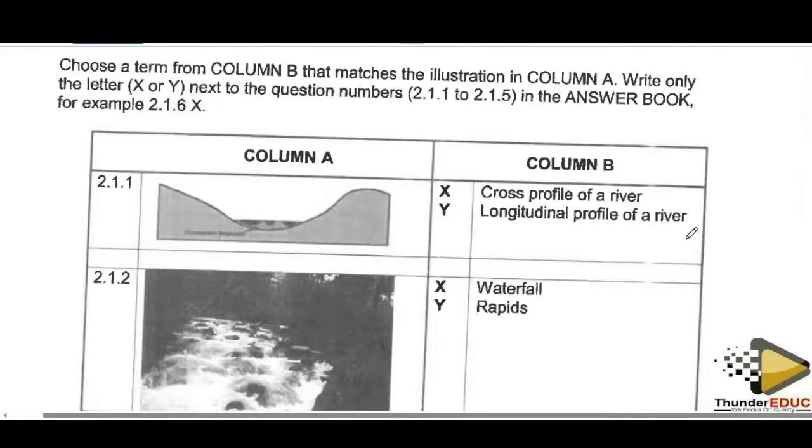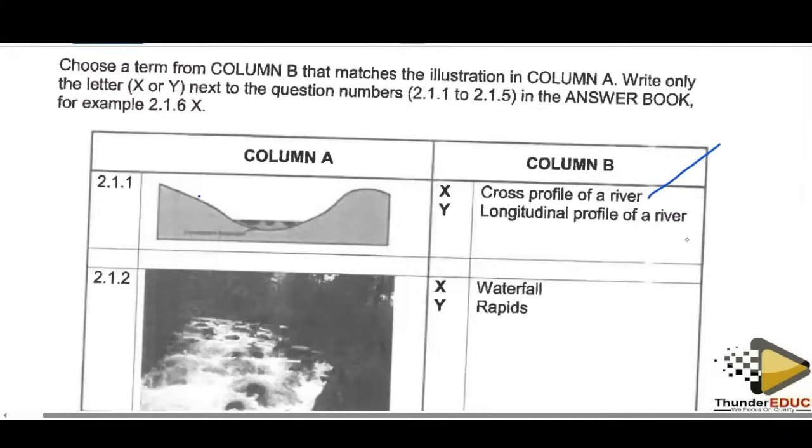Now 2.1.1, they say X indicates a cross profile of a river and Y a longitudinal profile of a river. So for this case, our answer will be X, which is a cross profile, because if we check, they're showing us the shape, because the cross profile shows the shape of a river at different stages.